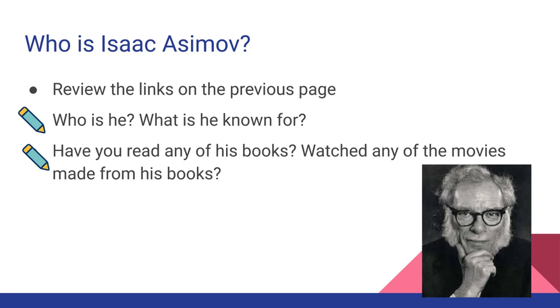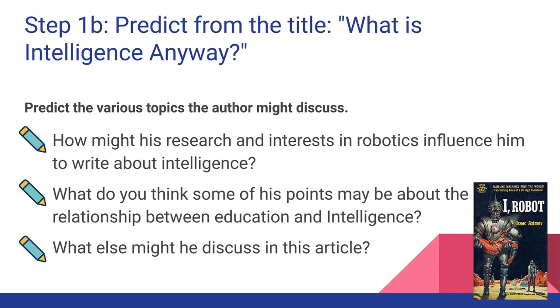Artificial intelligence is also a very big theme in his work, making robots sentient or smart or kind of alive, quote unquote. With that said, when we go to the next slide, it says that the second part of step one is to predict what the article will be about based on the title.